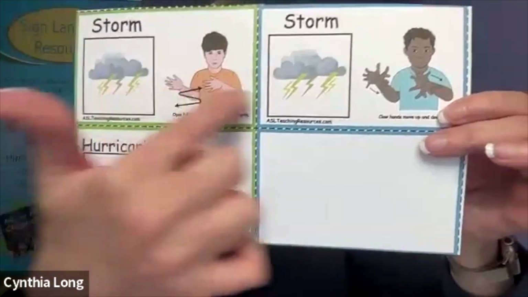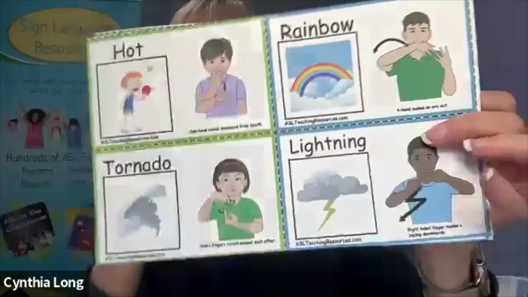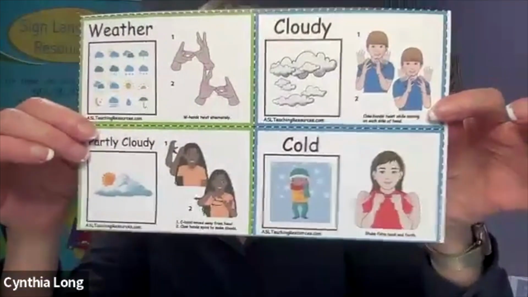This is a different kind of storm. And you have the rainbow too, as you can see, and tornado, and then partly cloudy, all of these different icons and flashcards to help you be successful teaching sign. Even if you don't know sign language, you can still look at it and also notice the QR code to learn more signs and see it yourself.